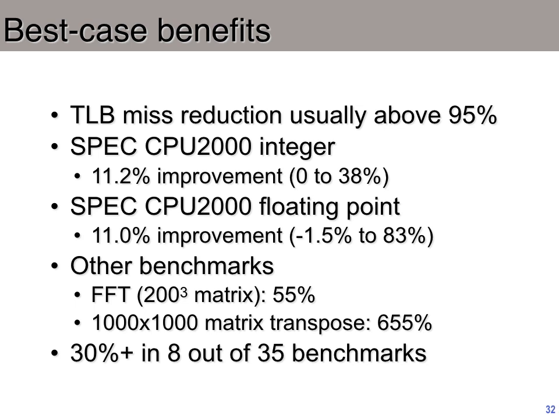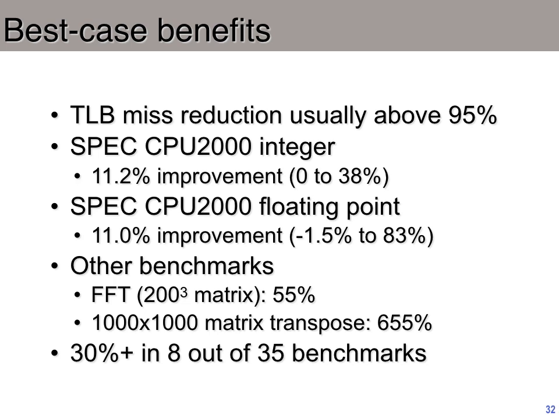If they look at how much individual benchmarks were sped up for SPEC CPU 2000, which is a standard industry benchmark, the integer benchmarks within that suite improved by about 11% on average, from 0 to 38%. The floating point improved up to 83%, but in some cases it also lost performance by minus 1.5%.